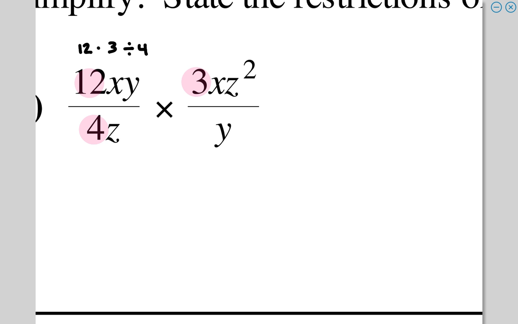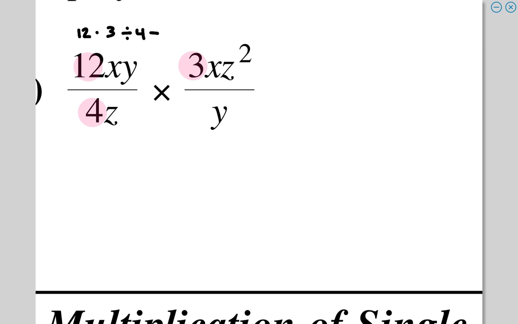What do you guys get? There won't even need to be a math fraction here because it's just a whole number, right? Well, what is it? 9 over 1. Do you need the 1? No. Okay, so we've dealt with the number.